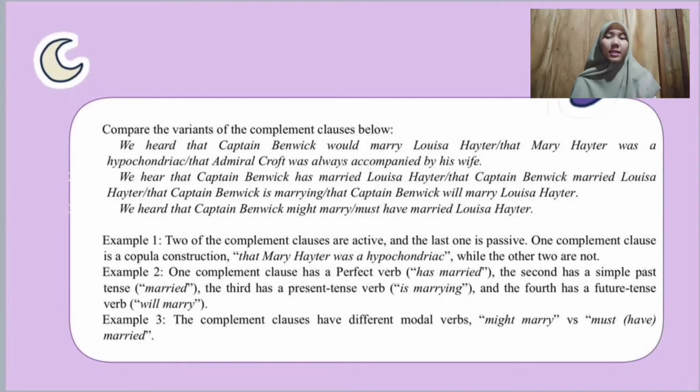The second example, we hear that Captain Benwick has married Louisa Hayter. Has married is a perfect verb. Then that Captain Benwick married Louisa Hayter is simple past tense in the word married.